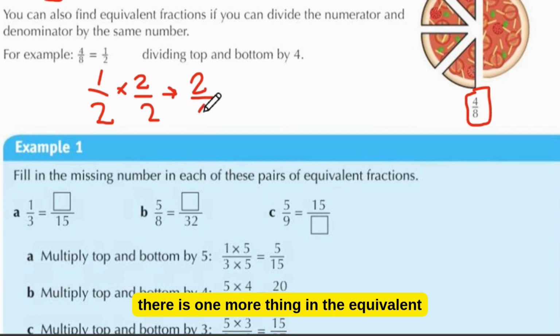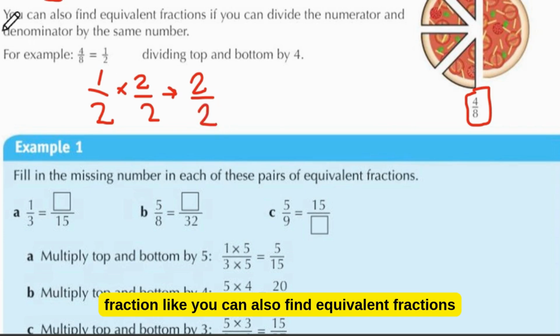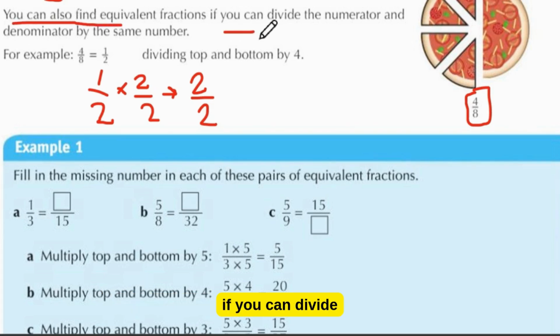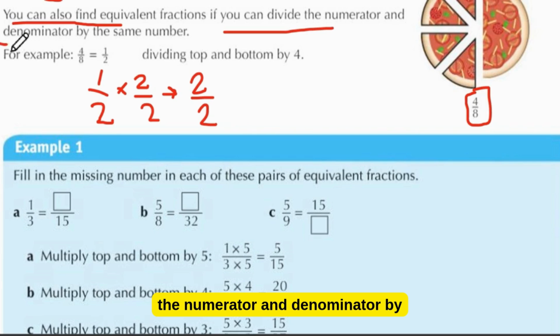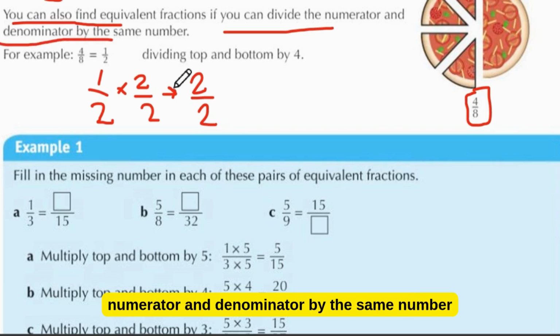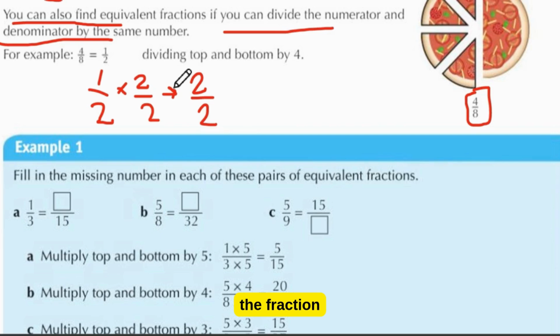Now there's one more thing: you can also find equivalent fractions if you divide the numerator and denominator by the same number. When you divide the numerator and denominator by the same number, the fraction you get will also be an equivalent fraction.